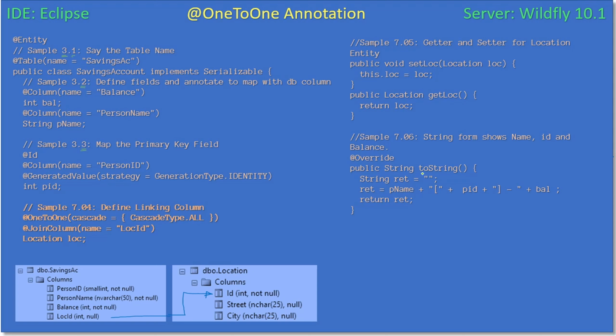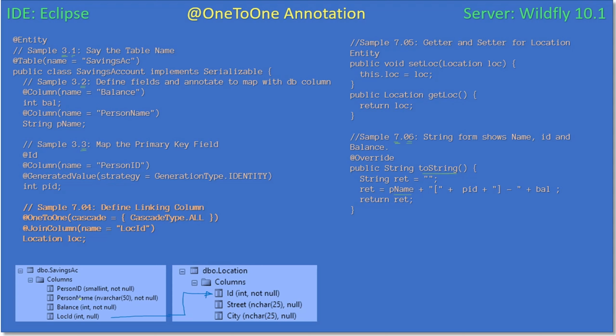Now we are overriding toString for our savings account as well. So as part of this sub-series 7 code snippet 6, we are adding the toString. Here if you see, we specify pname.